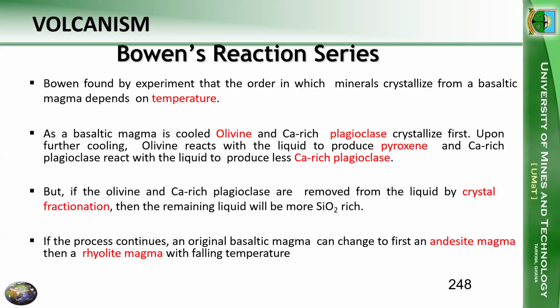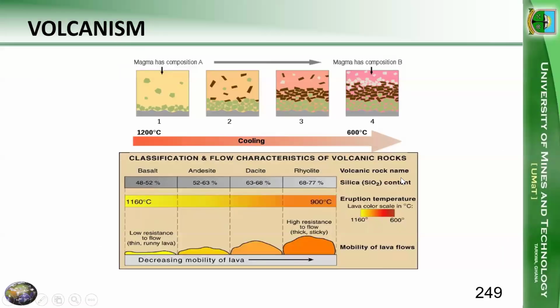And Bowen found by experiment that the order in which minerals crystallize from a basaltic magma depends on temperature. So in this, what we call the crystal fractionation, at very high temperatures, the first mineral to crystallize out of the melt will be olivine.